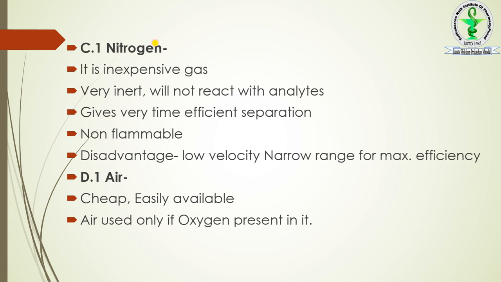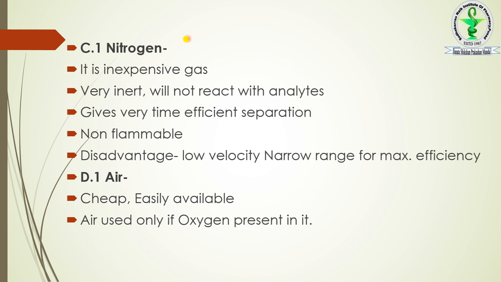Third one is nitrogen. Nitrogen, it is an inexpensive gas. Nitrogen क्या है? It is also inexpensive, very inert, will not react with the analytes and gives very time efficient separation, non-flammable. Mostly we are using nitrogen. Okay, why?